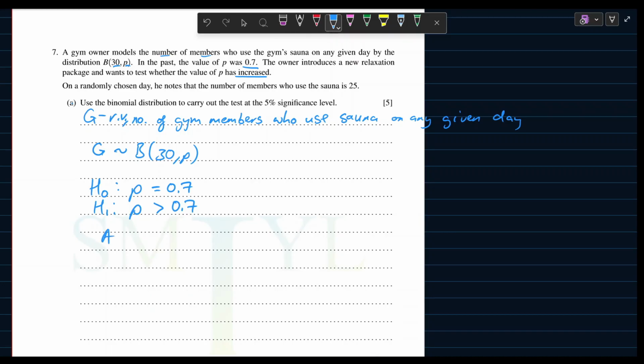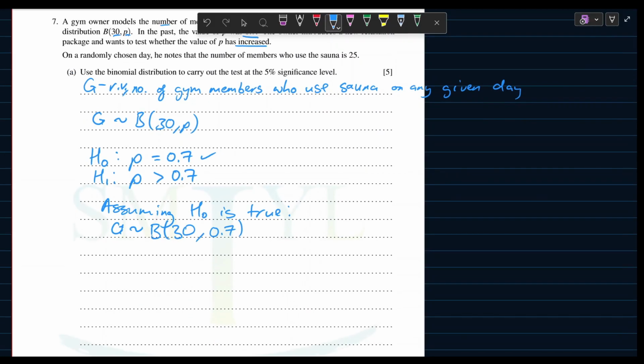Now, assuming H0 is true, we can redefine our G. It allows us to use p as 0.7, so G follows a binomial distribution with n is 30 and p is 0.7. And we want to carry out this test at the 5% significance level.